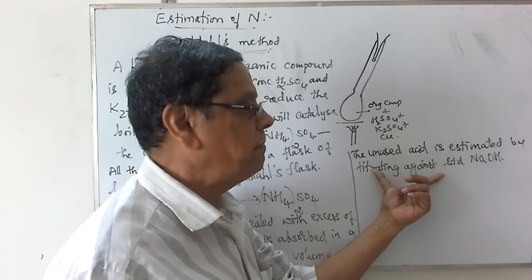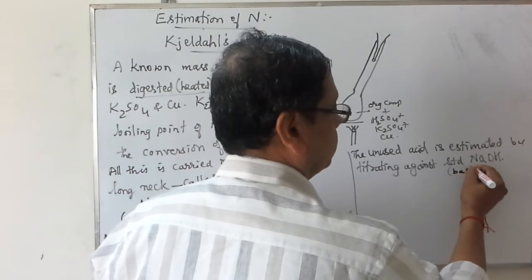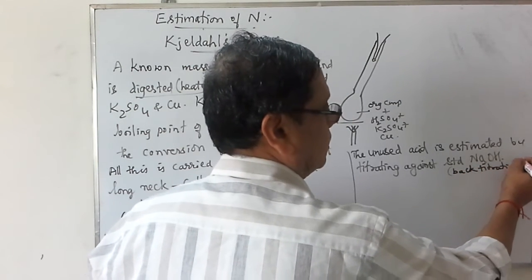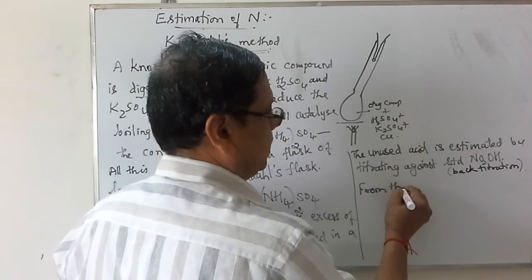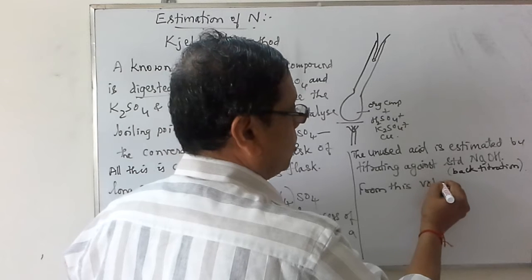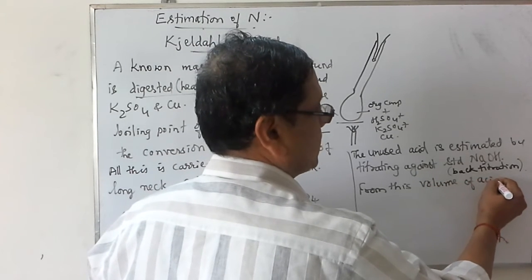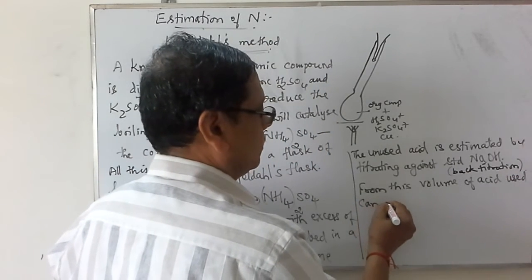This is called back titration. From this, the volume of acid used can be calculated.